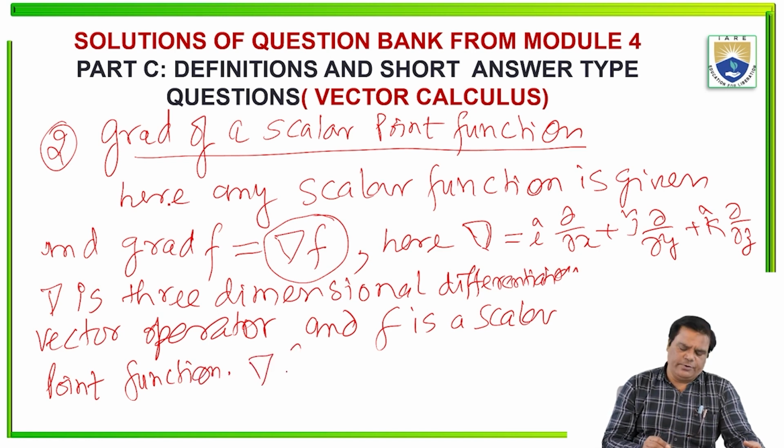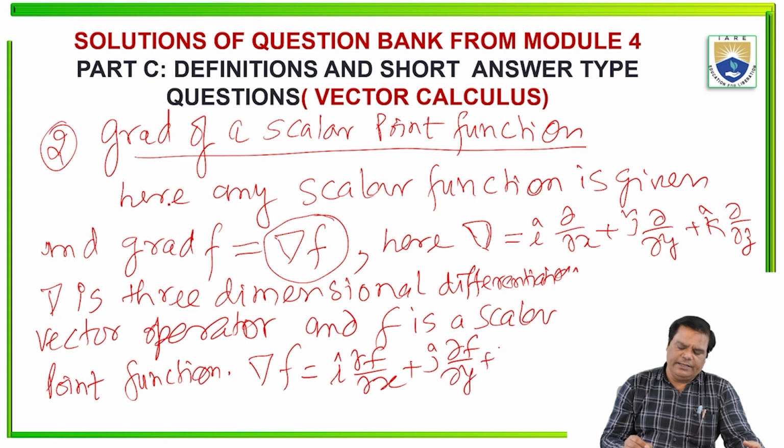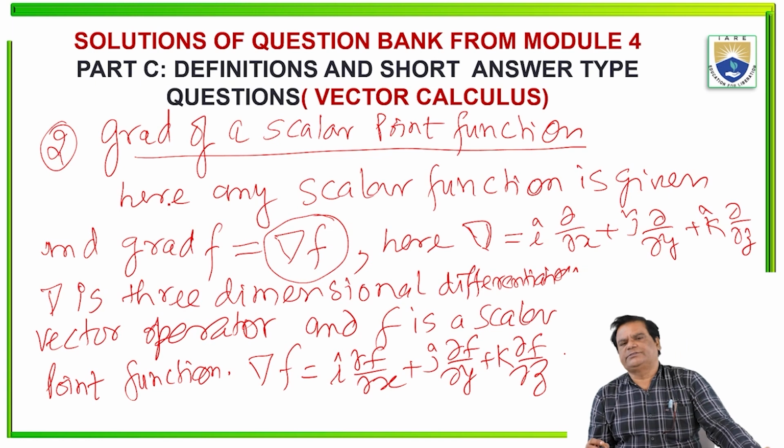So we can write del f is i dou f over dou x plus j dou f over dou y plus k dou f over dou z. Grad f is a vector quantity. This is the main concept of this.